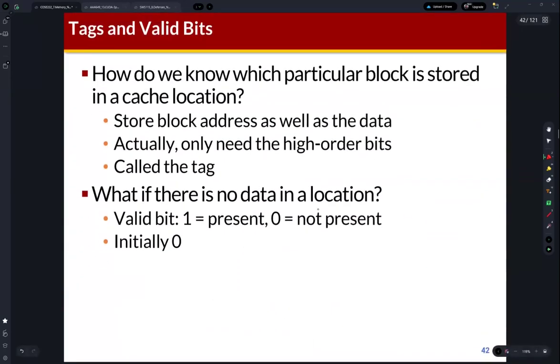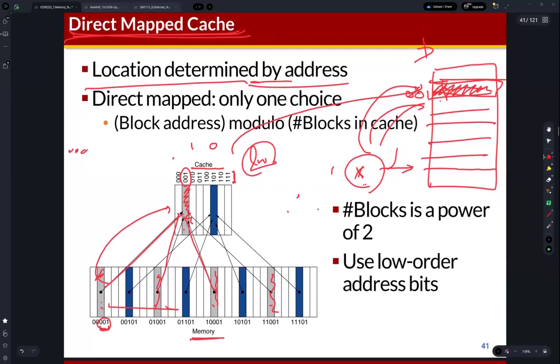Then what is required? I mentioned that in order to identify the data in a cache, we also need to store the address. But we don't need to store the entire address bits for the direct mapped cache, because part of the address is used for the index of the cache.